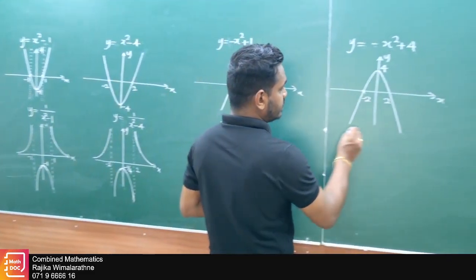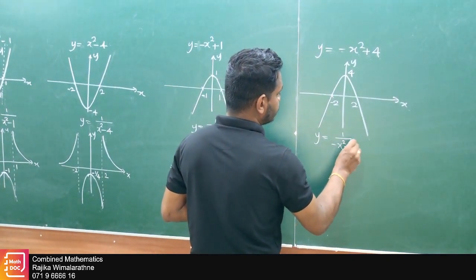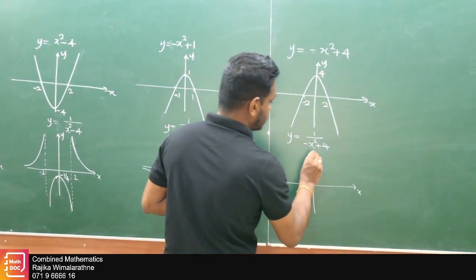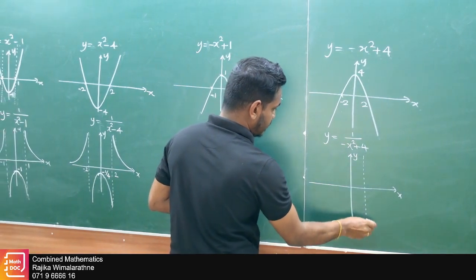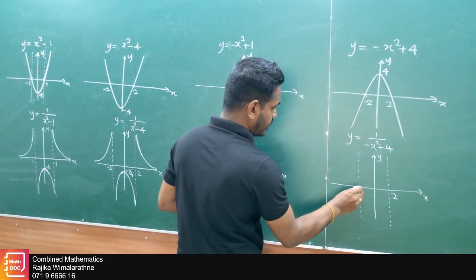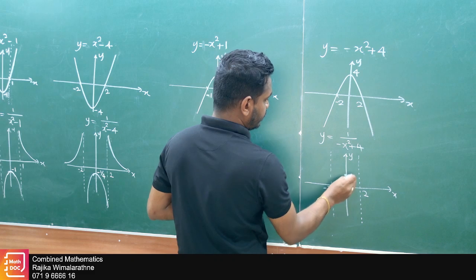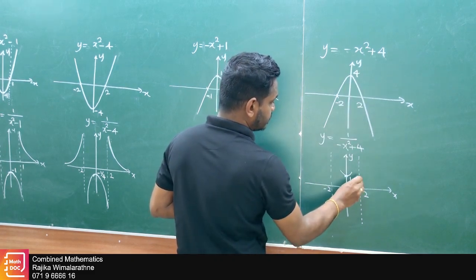So when you move to this, y equals 1 over minus x squared plus 4. Now, here x-axis, y-axis, here x-intercepts 2 and minus 2, mark them as vertical asymptotes. Here maximum shape changes to minimum. 4 reciprocal 1/4.